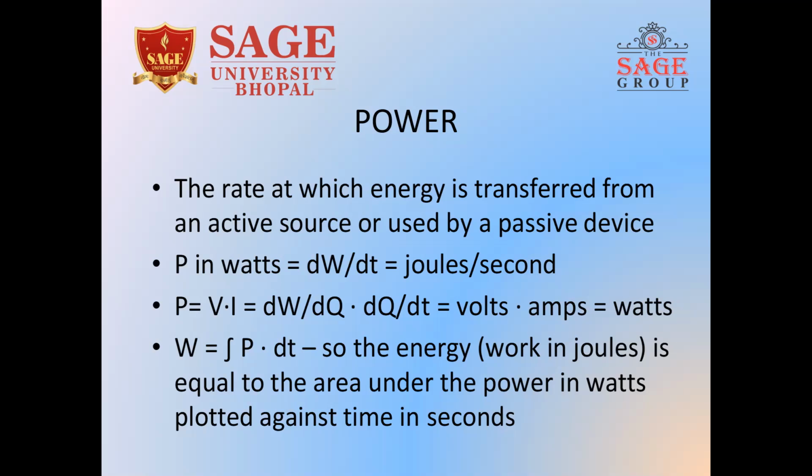And P equals VI, where VI is expressed as dW upon dQ. So now energy is work in joules. Energy equals the area under the power curve in watts. So this whole phenomenon is called power.